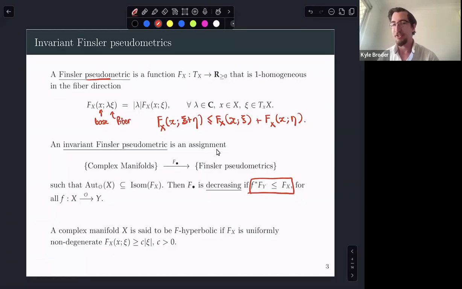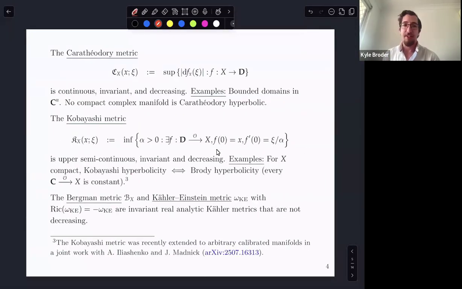Okay, so we'll have a look at some examples, and these are the 4 primary examples. One of the first to be discovered was the Carathéodory metric.